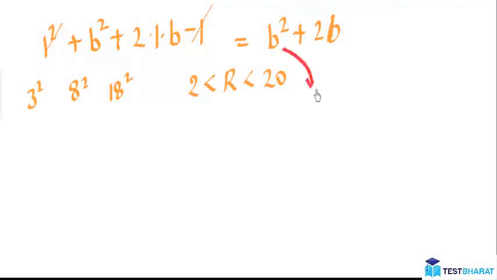If I were given, let's say, rate of interest r equal to 12%, what I can do is I know the square of 12, that is 144.